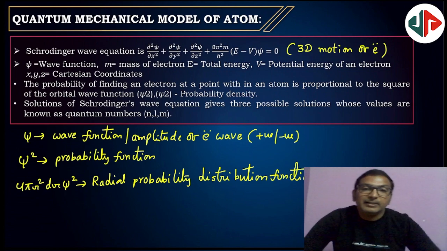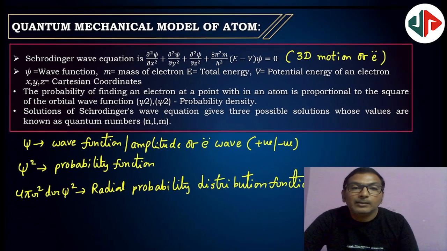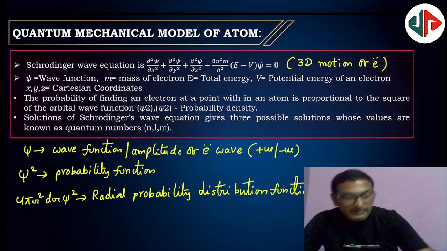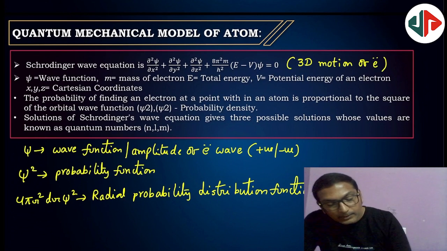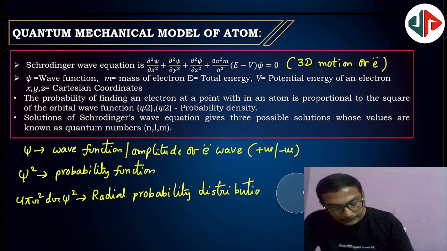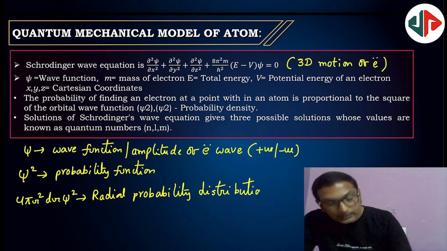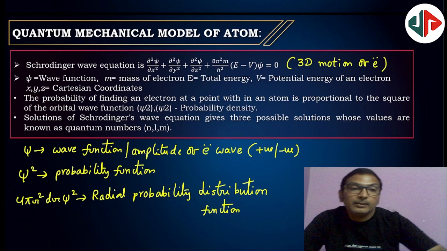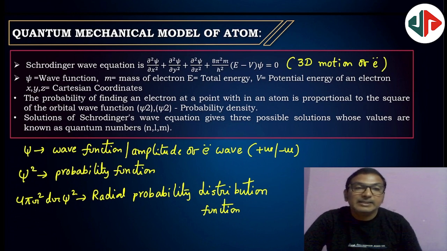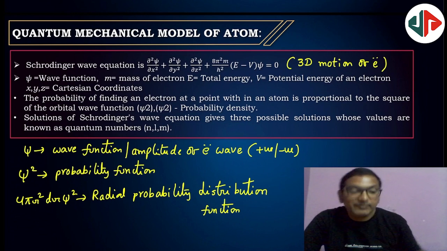There are three functions. Psi is wave function, psi square is probability function.